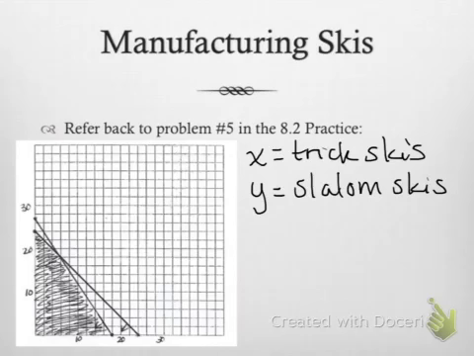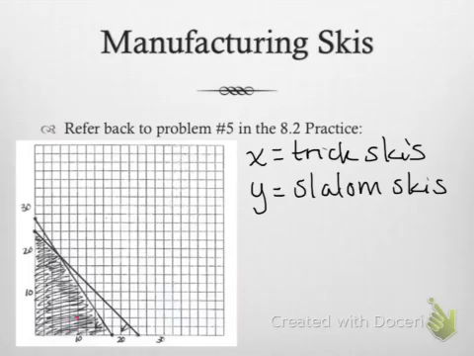So just based on the limitation in terms of labor hours in both of the departments, we know that we could pick any point within this shaded region, and it would be a number of trick skis and slalom skis that could be manufactured and stay within the constraints of our labor hours. So maybe I could do 10 trick skis and 3 slalom skis, something right about there.